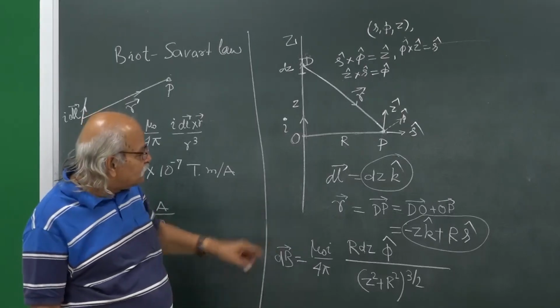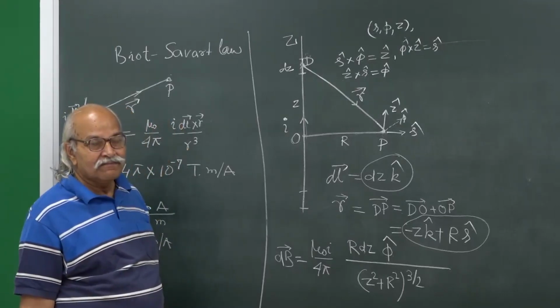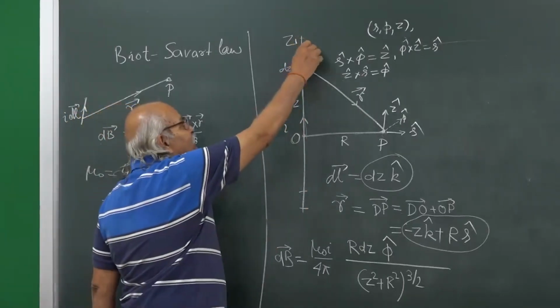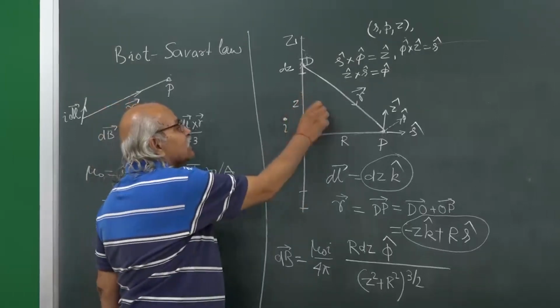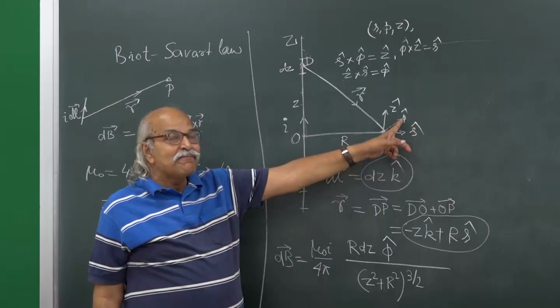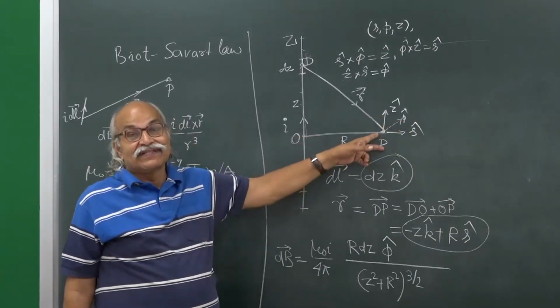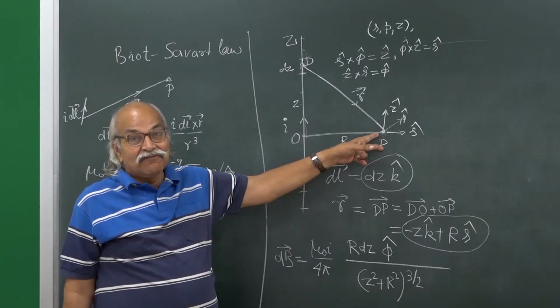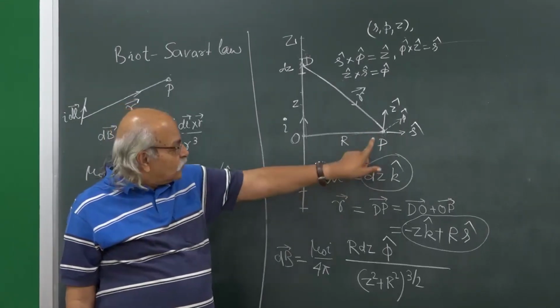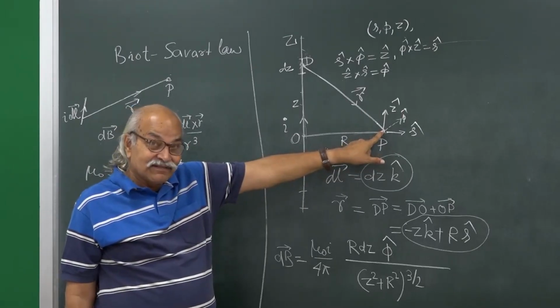Now independent of whether my dz is here or here or here, this s cap, phi cap, z cap direction is not changing. s, phi, z is the coordinate of this point P, and this point P is fixed.